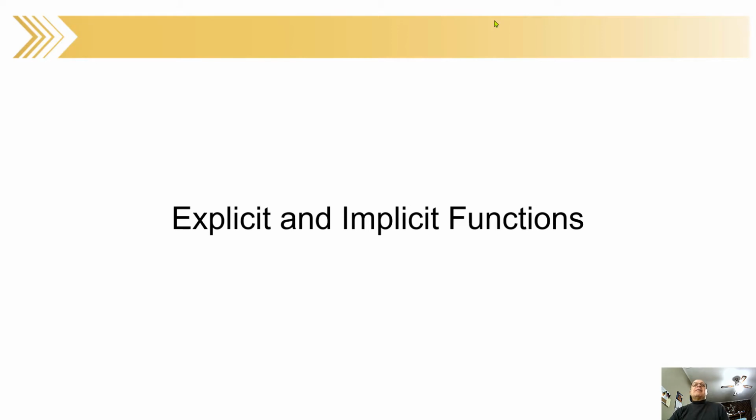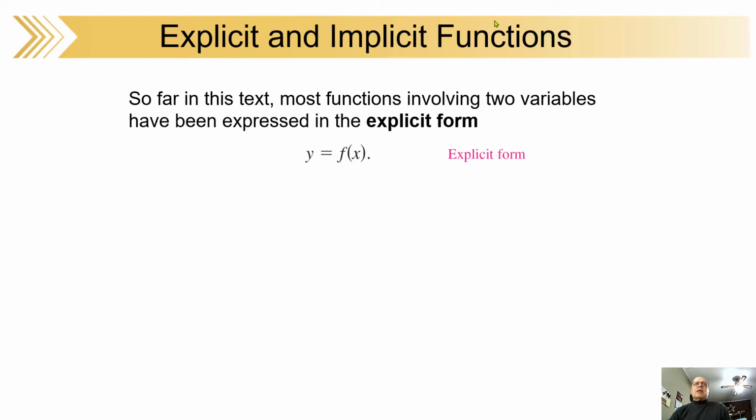So, explicit and implicit functions. Easy for you to say. Okay, so this is an example of the explicit form. One way you can tell is you've got the y on one side all by itself. 1y. Not y squared, not 7y, 1y.